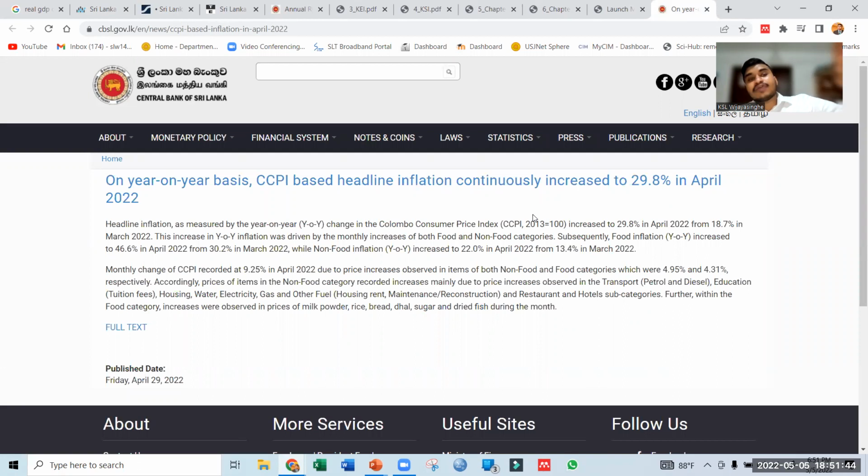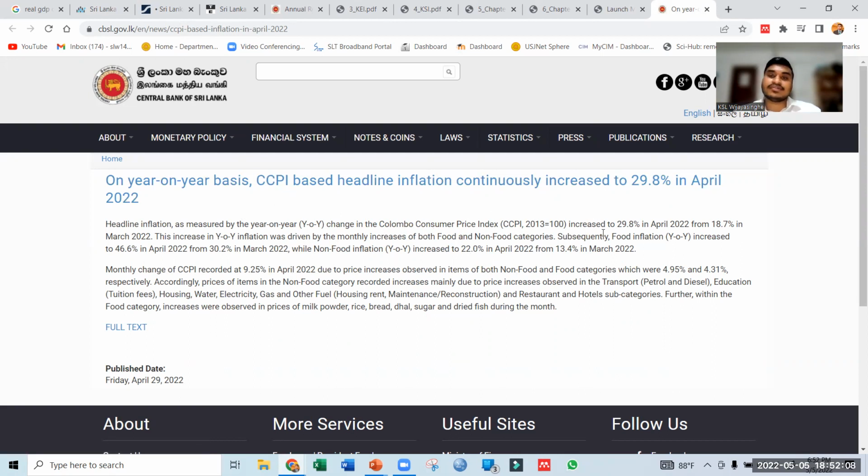That means compared to April last year, April 2021, the inflation in April 2022 has increased by 29.8. So this is actually a monthly figure that is given here. So if you look at year on year changes, they are given here. What does CCPI mean?